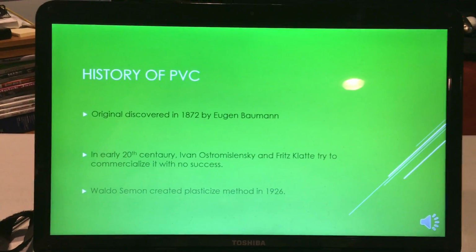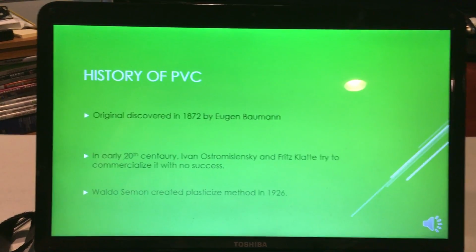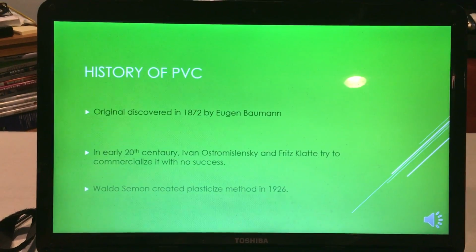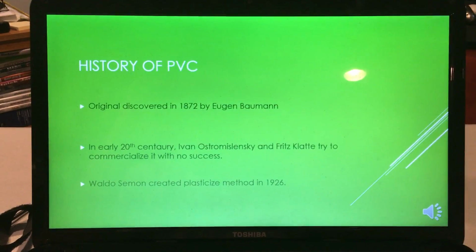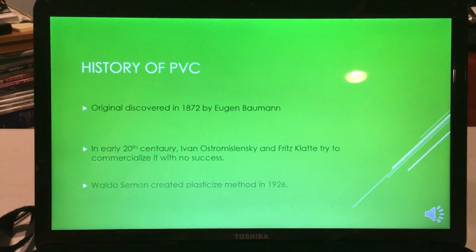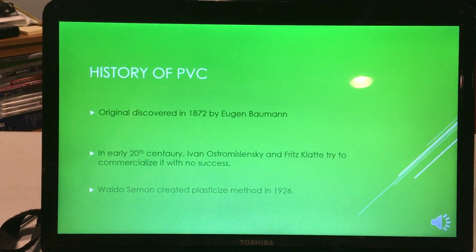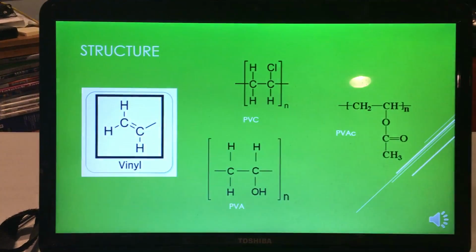This was in part because of its rigidity and also how brittle it was and it would break. It wasn't until Waldo Semon created a plasticized method in 1926 that allowed flexibility inside PVC, and from then on it's been used commercially ever since.